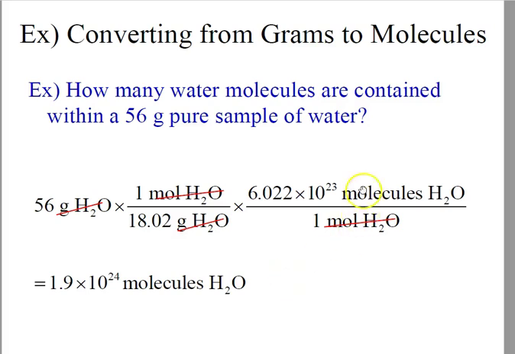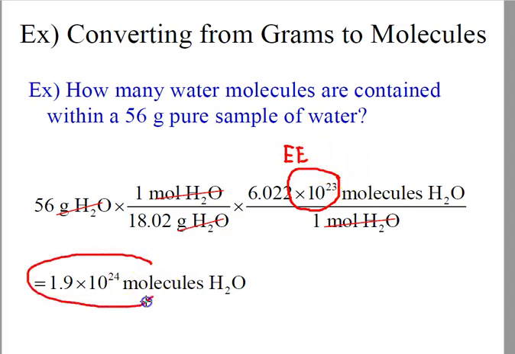Now remember to put scientific notation in your calculator. Whenever you see times 10 to some power, you're going to press EE on your calculator and then the exponent. So you would press 6.022. Do not press the times or the 10 button, but rather just press EE and then 23.